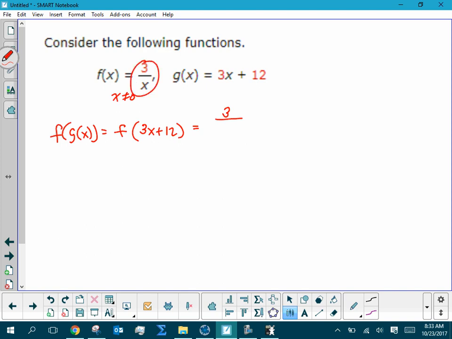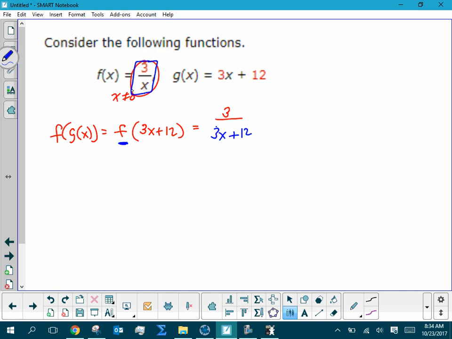For those who may be struggling with this, maybe an alternative way of thinking about it: if that's my outer function, my answer is going to have the same setup that f of x had. So it develops a shell, the 3 is going to be consistent, but now whatever the x was is going to be the g of x function, so it becomes 3x plus 12 there. And you can see this format resembles this over here, doesn't it?